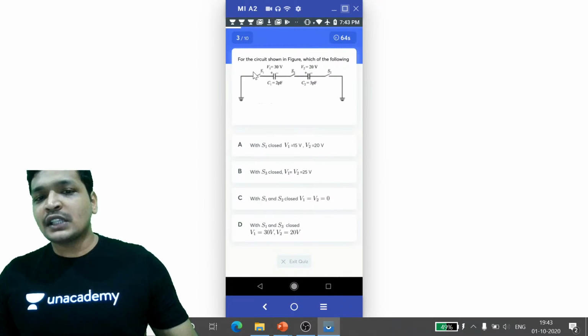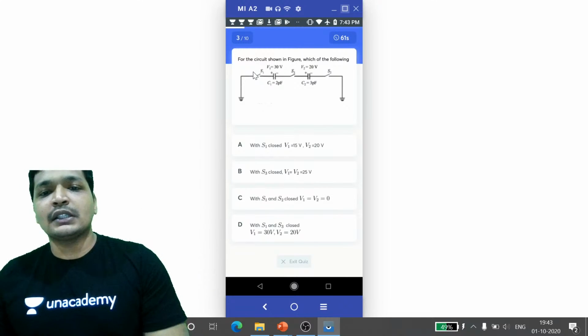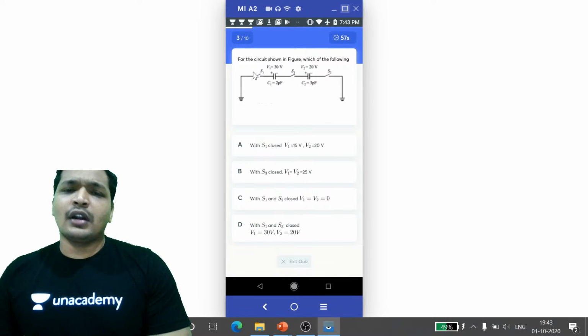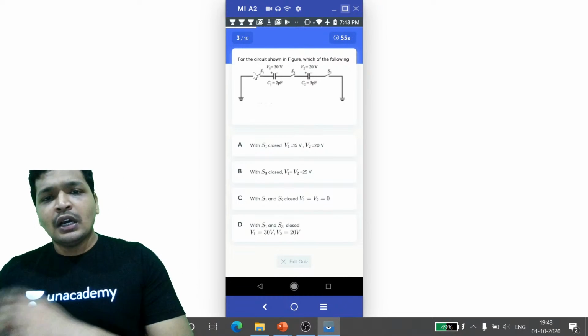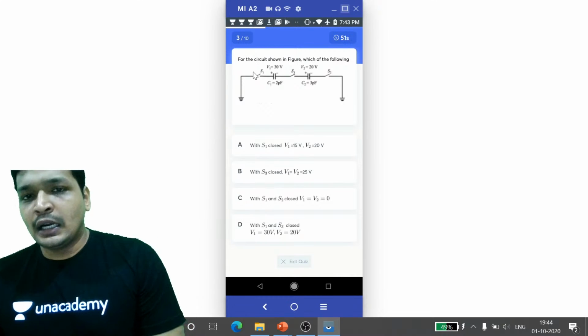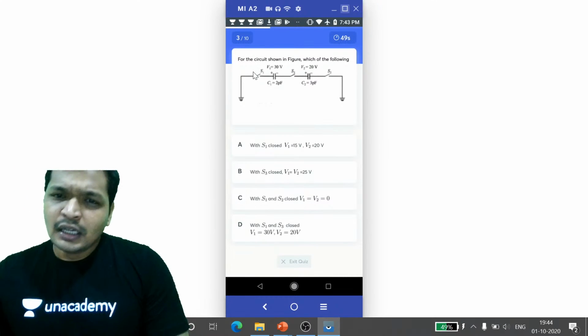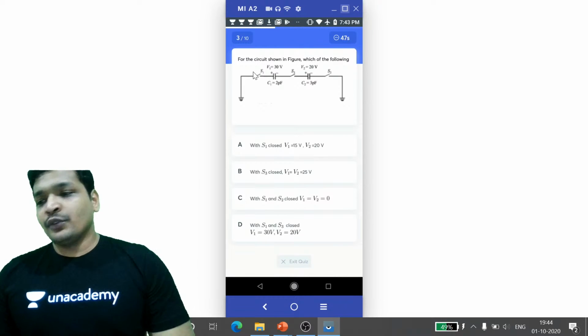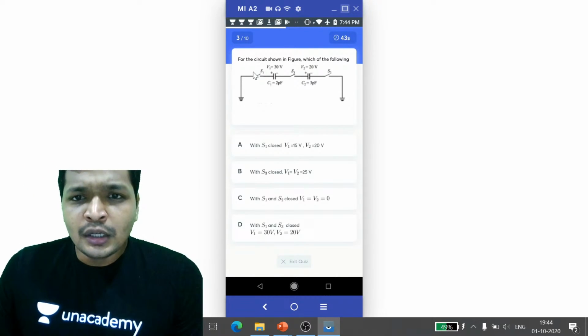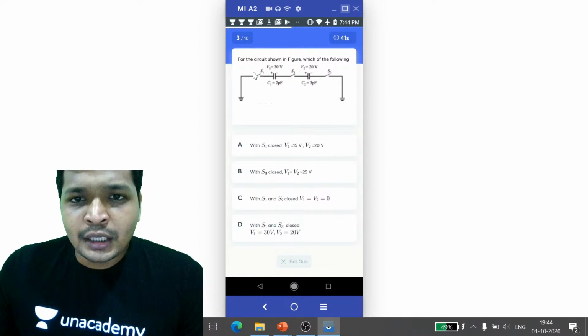So the energy stored in the capacitor would be half CV square, whereas the work done by the battery would be CV into V, the work done to move so much charge Q to the capacitor in a steady state. That would be CV square. So you get 1/2.